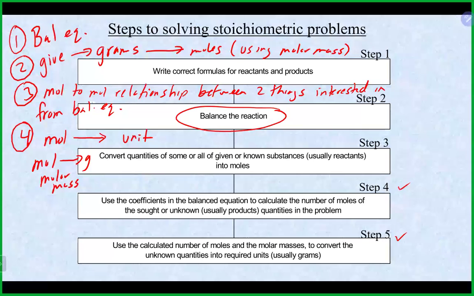It can be really any type of unit that you want. But most commonly, you're going to convert back to grams. Okay, so again, in that 4th step, you're going to go moles to some other unit, and most likely it's going to be grams at the end, and you're going to use that molar mass.